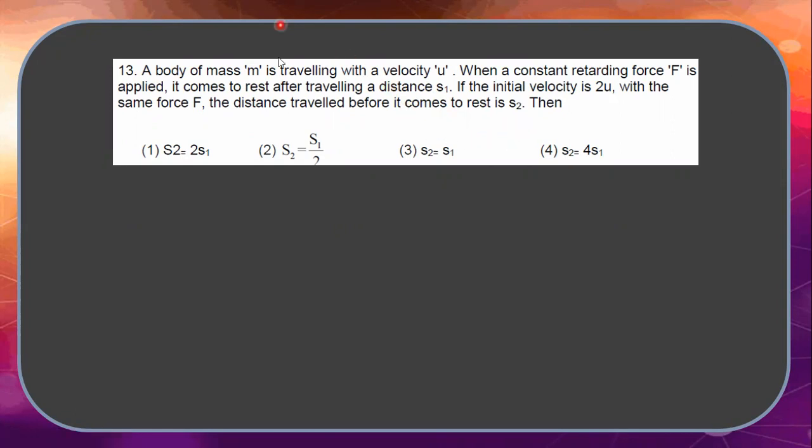Here two different cases are there. A body of mass m is moving with the velocity u. Then it comes to rest when the brakes are applied, after traveling a distance s1.